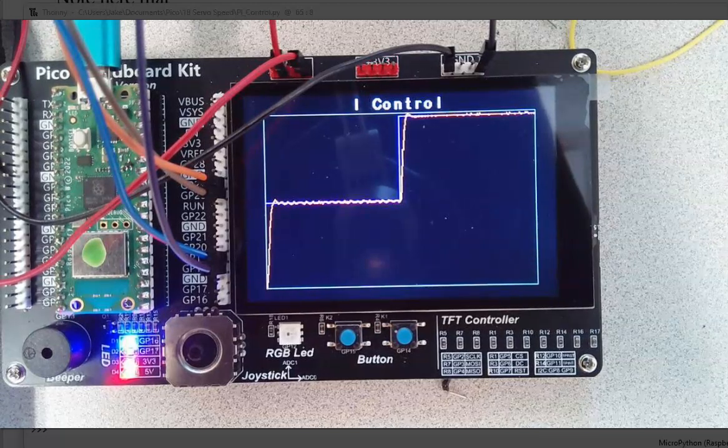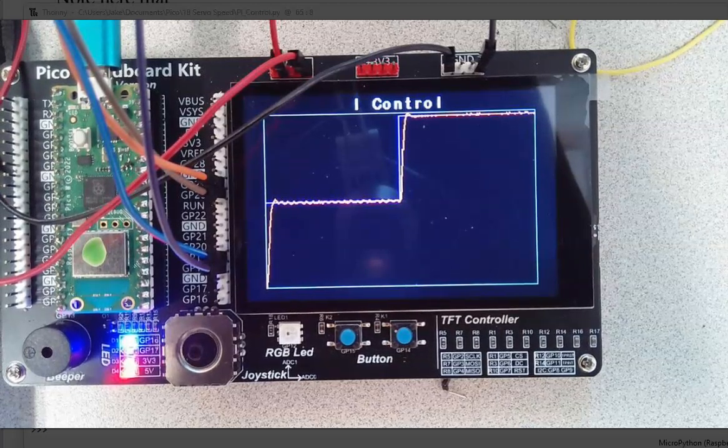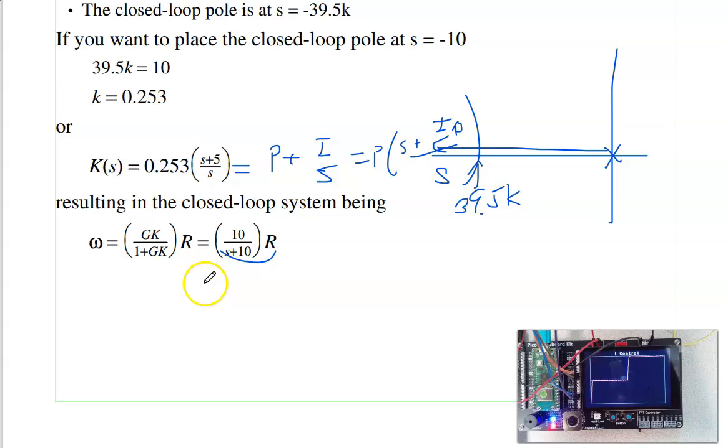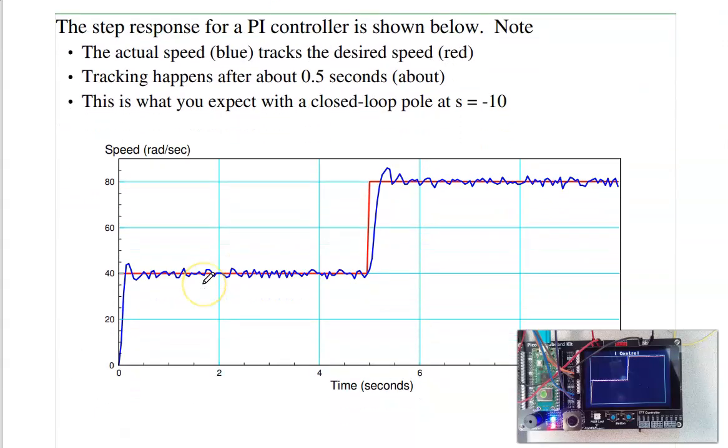I tell it to go 25 radians per second, and it is. Tell it to jump up to 50 radians per second, and it gets there very quickly. This is the transient that decays as e to the minus 10t, because that's where I put the closed loop poles. I can also take this data, copy it and plot it in MATLAB, and that's what it looks like. Actually looks better than the last run. That's your PI controller.